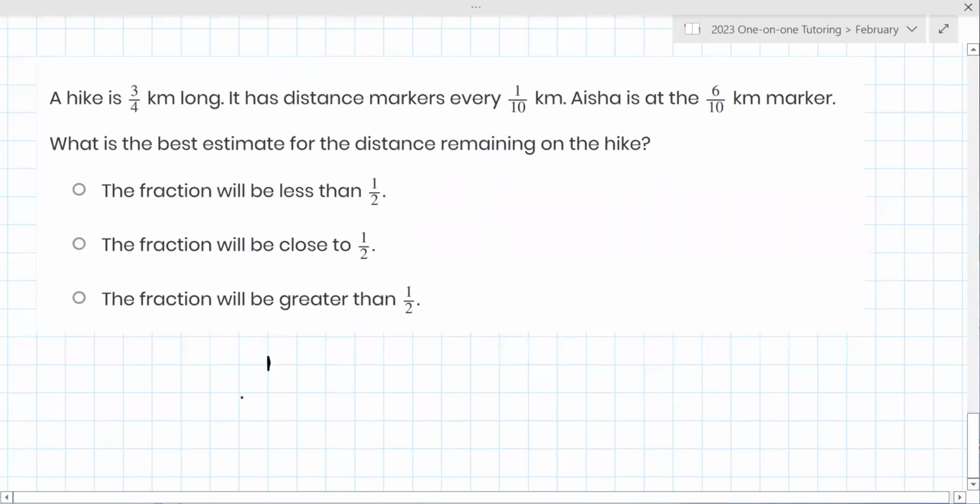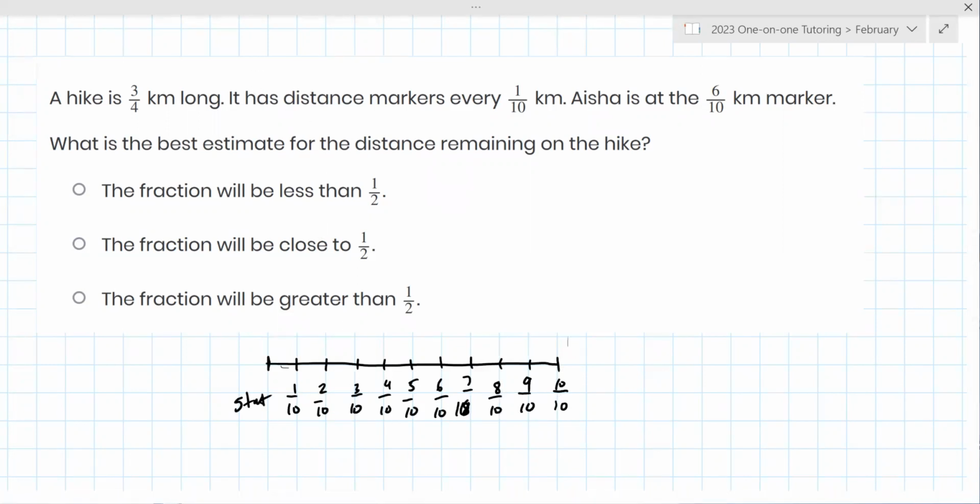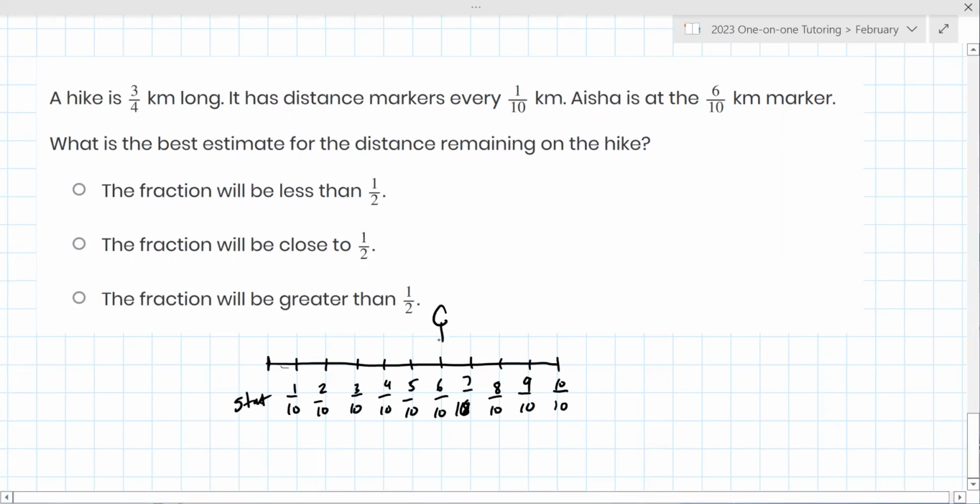So let's just say you were starting here. 1, 2, 3, 4, 5, 6, 7, 8, 9, 10. So they're saying that's 1/10, 2/10, 3/10, 4/10, 5/10, 6/10, 7/10, 8/10, 9/10, and 10/10. Where is Isha right now? Could you read the problem and tell me where Isha is? 6 over 10. So she's right there.